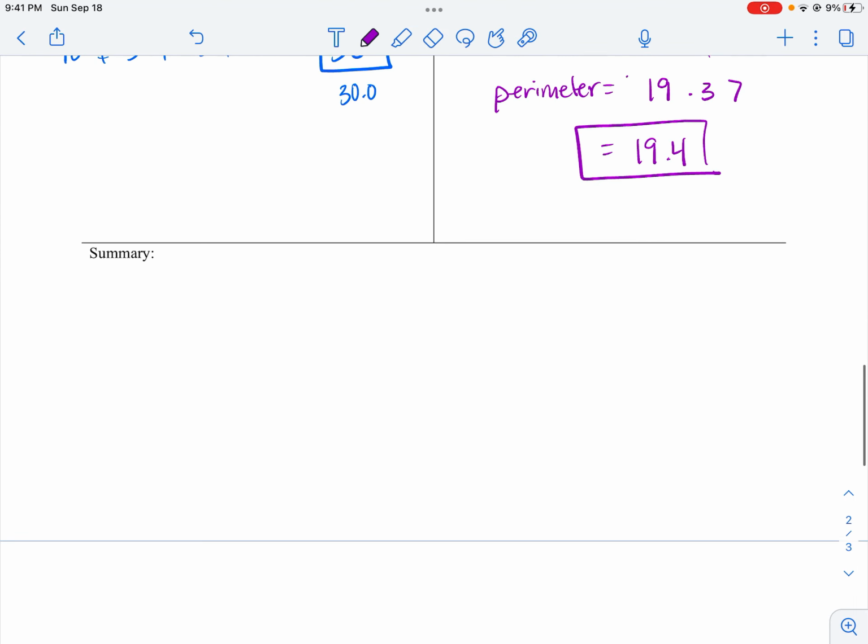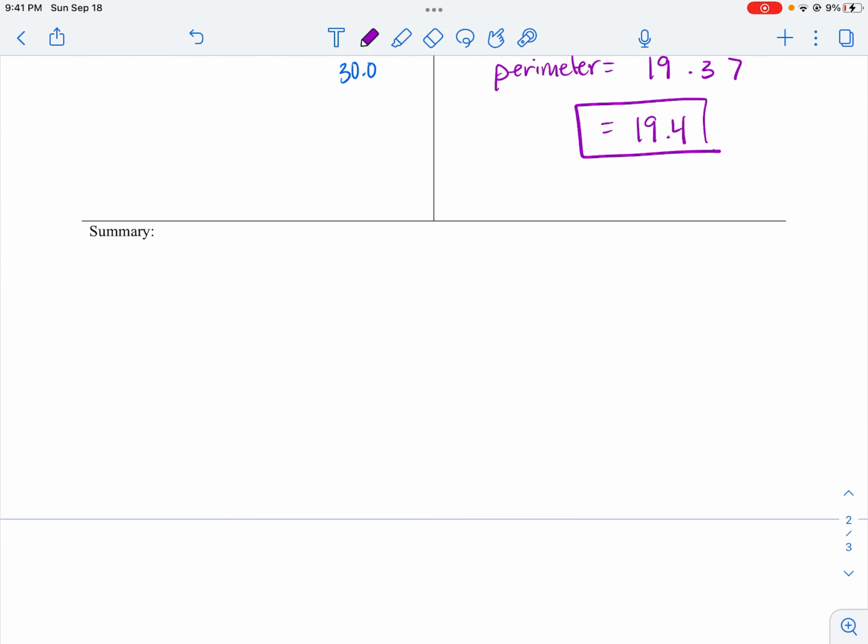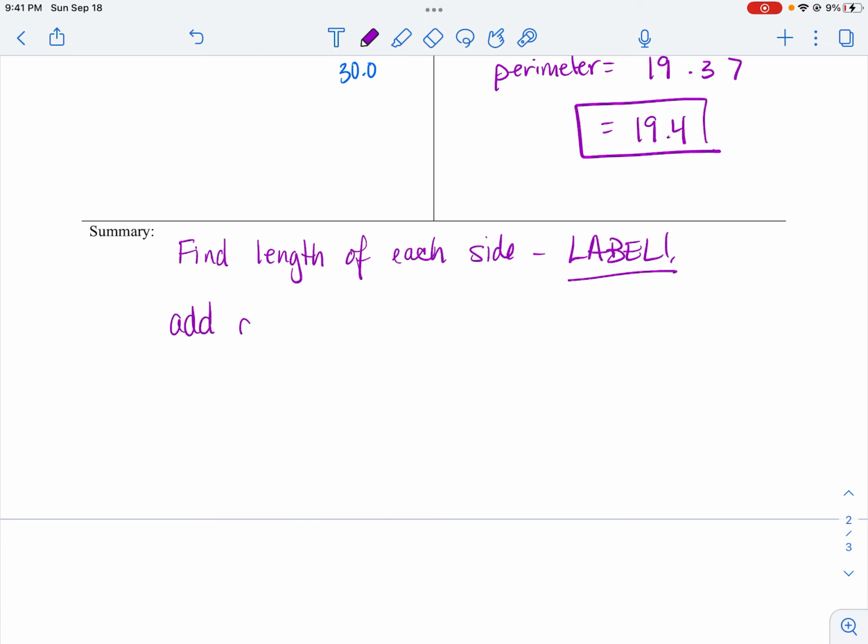So to find the perimeter of a polygon, I need to find the length of each side. Remember to label carefully and add all sides for a perimeter.